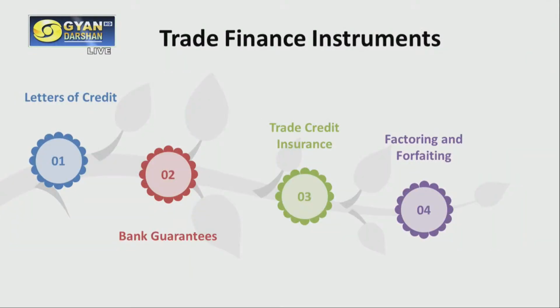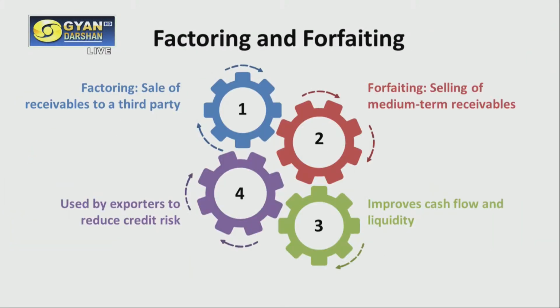Now there are two things, that is factoring and forfeiting. These are two facilities available to exporters and importers, which are basically used in international trade. Factoring is the sale of receivables to a third party.